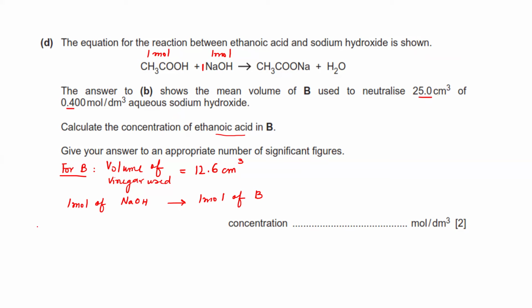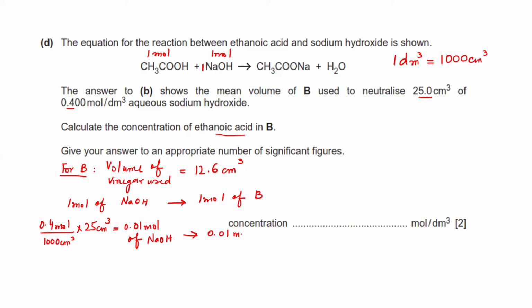We have 0.4 mol per 1000 cm³. Remember, 1 dm³ is equal to 1000 cm³. So we multiply by 25 cm³, which gives us 0.01 mole of sodium hydroxide, and that will require 0.01 mole of B.